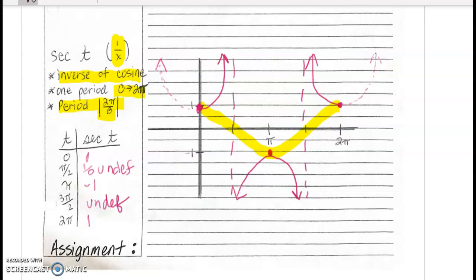So your assignment is, I lost that page. Oh, before I write the assignment, these are your 4 parent graphs of tangent, cotangent, secant, and cosecant. I posted a reference sheet. If you still don't have yours, they were either blue or green, I think. But it has the transformations page.